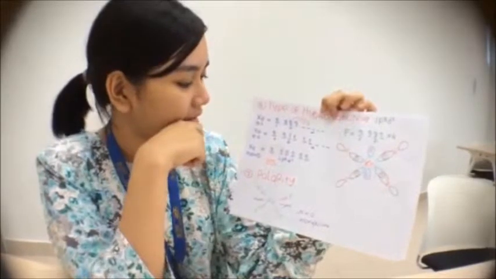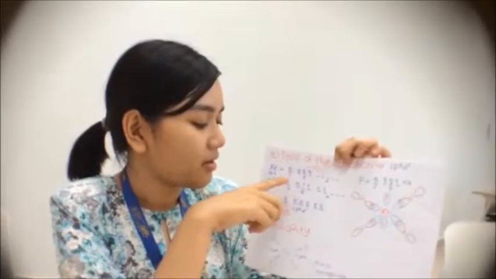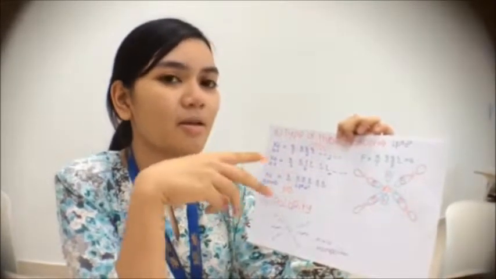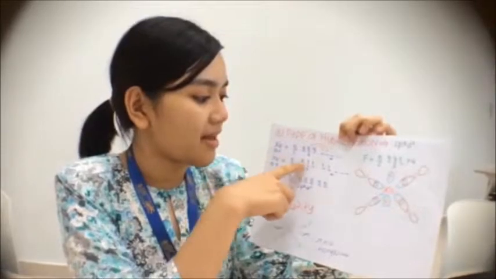In the ground state, xenon has 2 electrons in the s orbital and 6 electrons in the p orbital. In the excited state, xenon has 2 electrons in the s orbital and another 2 electrons in the p orbital. This is because xenon has 2 lone pairs, so we can excite these electrons to the other orbitals.